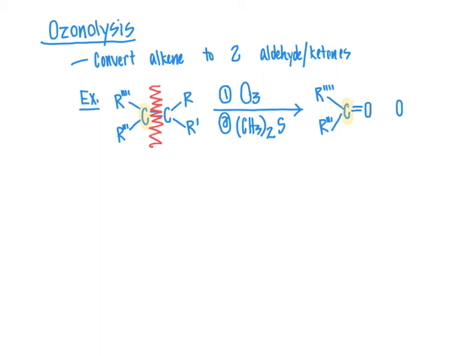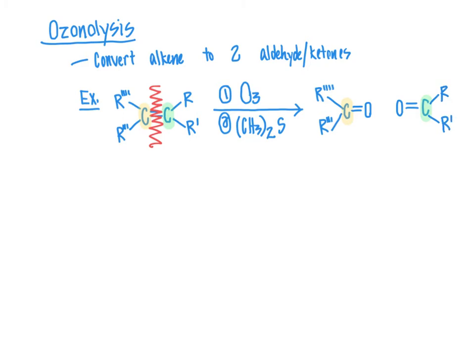And then similarly, the carbon that was on the right side of our alkene group, I'll plug that in green, is going to be a carbonyl group as well, with the R groups attached to it here. So going on and plugging in my R groups, R and R prime.